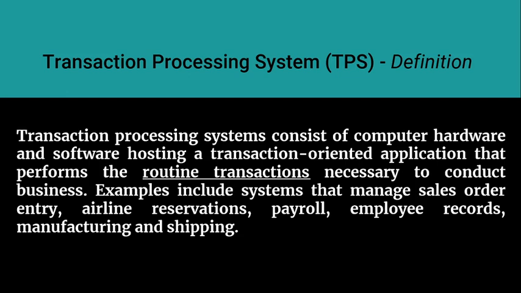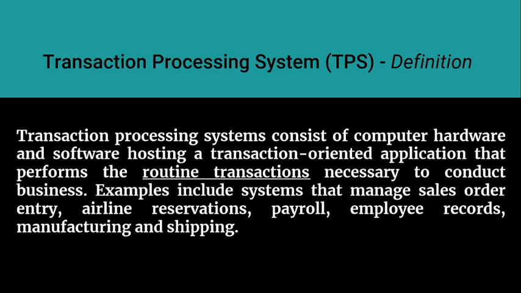Right? Now the emphasis under this transaction processing system has to be given on routine transactions. So what does this TPS do? It records, classifies, organizes, stores, maintains and retrieves daily transactions on a systematic basis. So we have to keep in mind the term routine transactions.